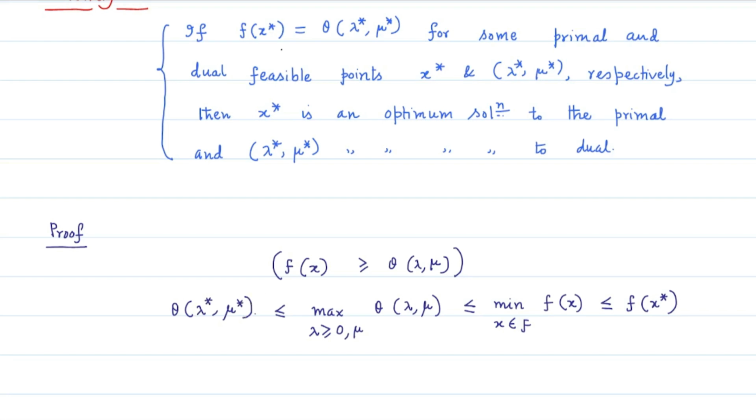Fine. Now from the hypothesis that f x star is equal to theta lambda star mu star, we have this quantity equal to this quantity, and hence inside this inequality all four quantities are equal.